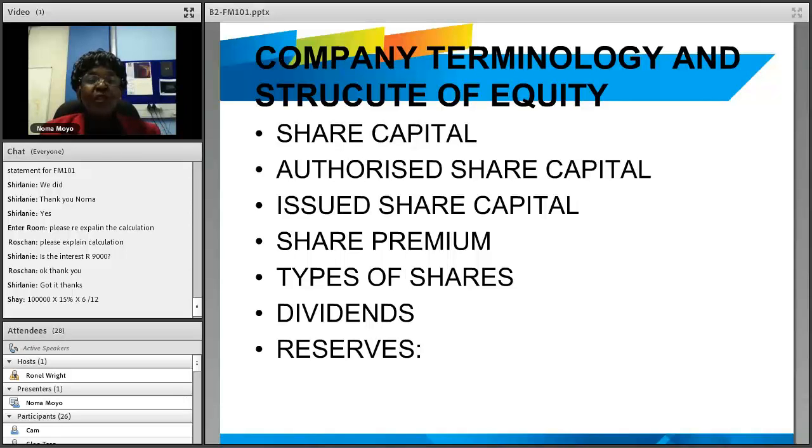The preference shareholders are not allowed to vote. Preference shares can be Class B and Class C shares. They receive a fixed dividend. Ordinary shareholders don't have any fixed dividend. If the year is good, they can receive a lot. If the year is bad, they carry all the risk.